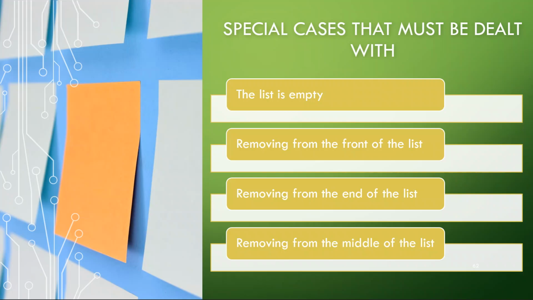We also need to worry about the end of the list as a special case, because there's a different way to remove that. And then we need to worry about removing from the middle of the list between the nodes. How do we update all the references based upon what we're seeing?